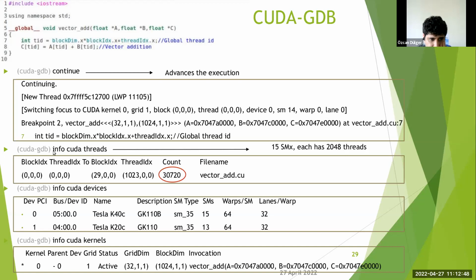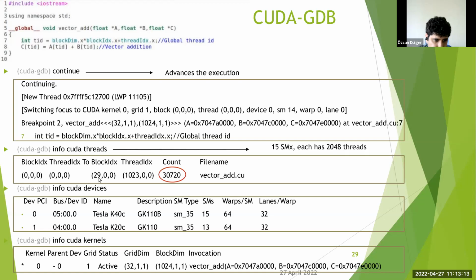When we enter the info cuda command, you will get information here. When we enter info cuda threads, we will get information about the threads. Let's look at the information. The IDs of blocks start from 0 up to 29.